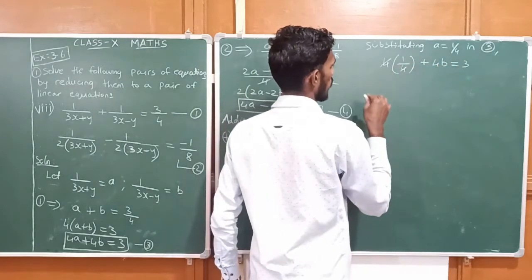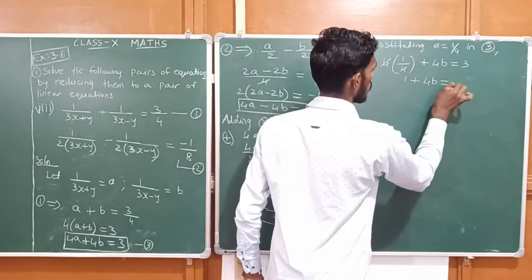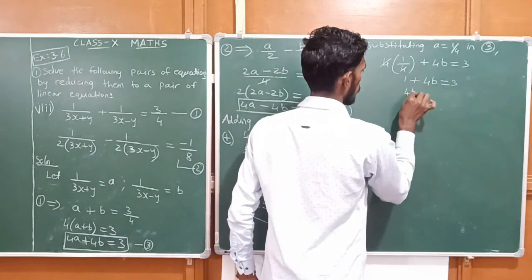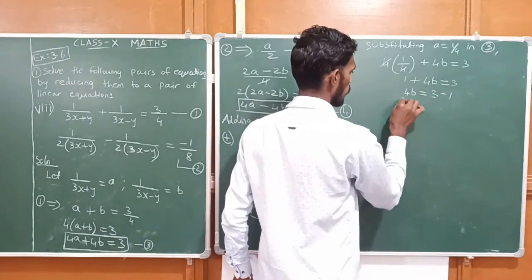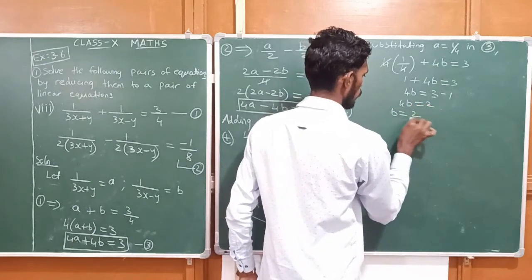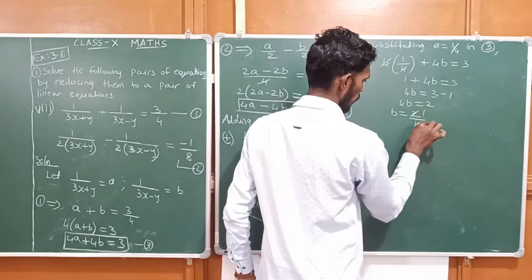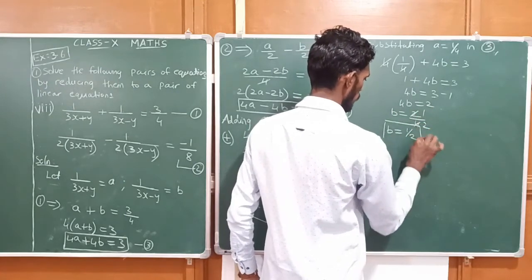This 4 and this 4 getting cancelled, so it is 1. So 1 plus 4b is equal to 3. When I take this 1 to right side, it becomes minus 1. So 4b is equal to 2, b is equal to 2 by 4, which can be reduced to 1 by 2, that is b value is 1 by 2.